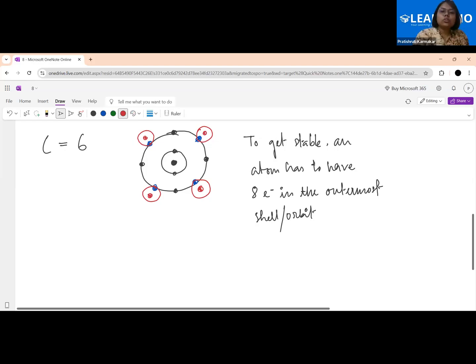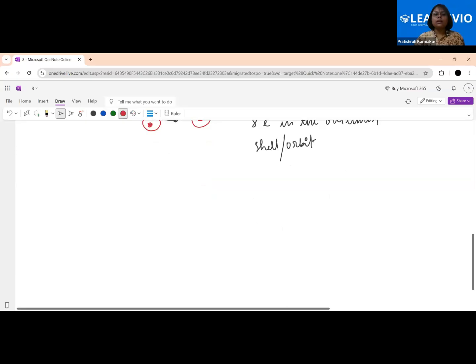Fine. So this is fine as of now, that carbon can make 4 bonds. Now we started the discussion with some organic compounds and the classification of organic compounds, which is saturated organic compounds and unsaturated organic compounds.